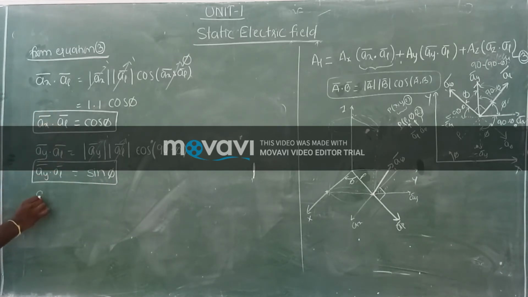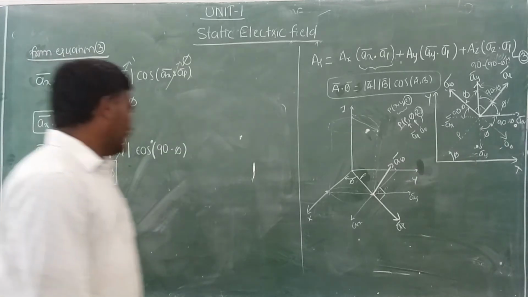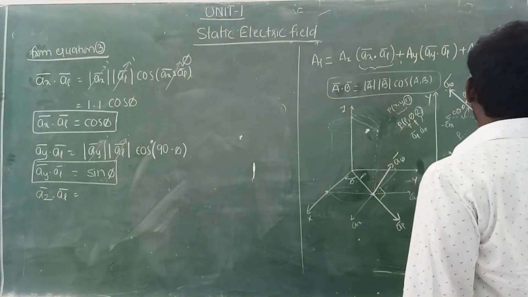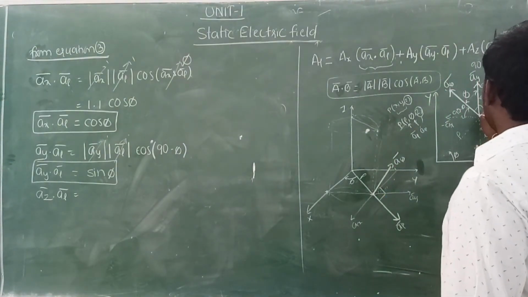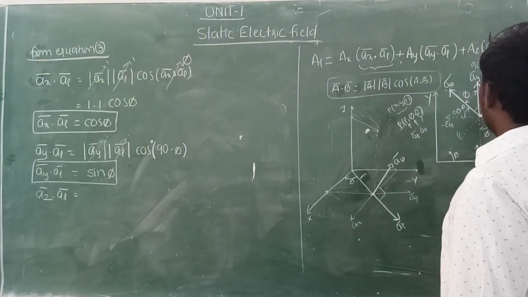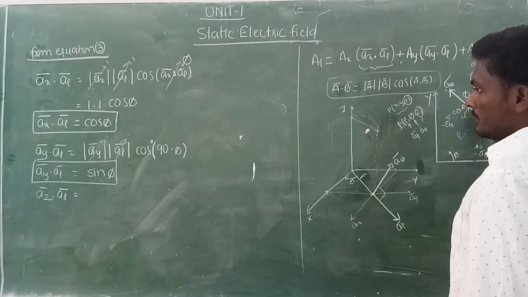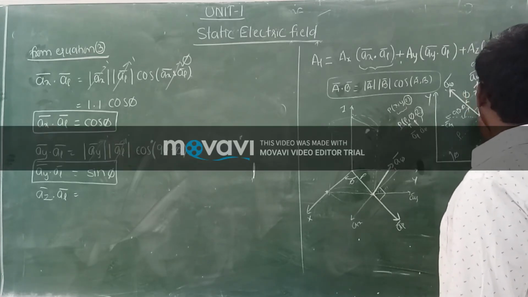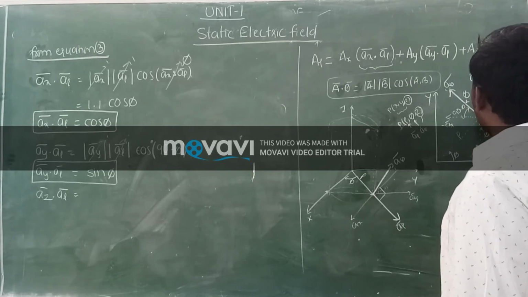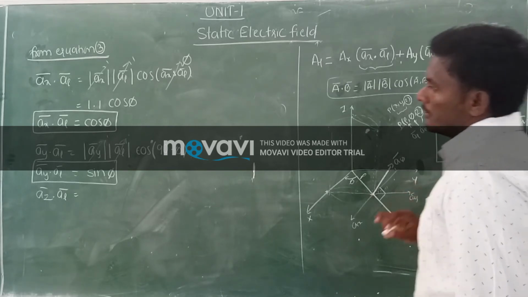Similarly, a_z bar dot a_rho bar is equal to, what is the angle between a_z and a_rho? Where is a_z? This is my a_z, and where is our a_rho? A_rho is like this. That means the angle between a_z and a_rho is 90 degrees.